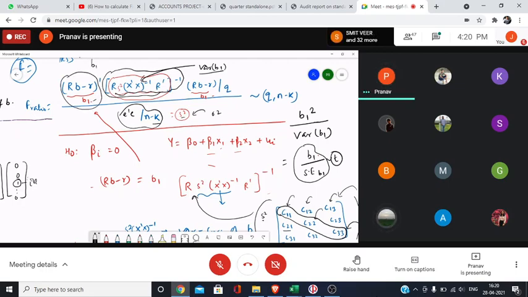So B1 transpose multiplied by B1 will give me B1 square in numerator. Because ये टर्म तो सीधे नीचे आ जाएगा ना, उसको मैं वेरिएंस ऑफ B1 के लिए लिख दिया हूं यहां पे.